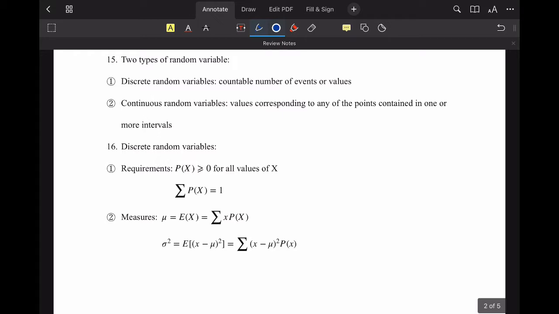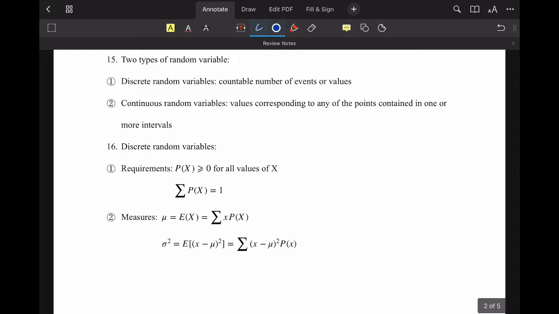So that's why we often put probability and distribution together. We use the pattern of distribution to get the probability that we want to know.